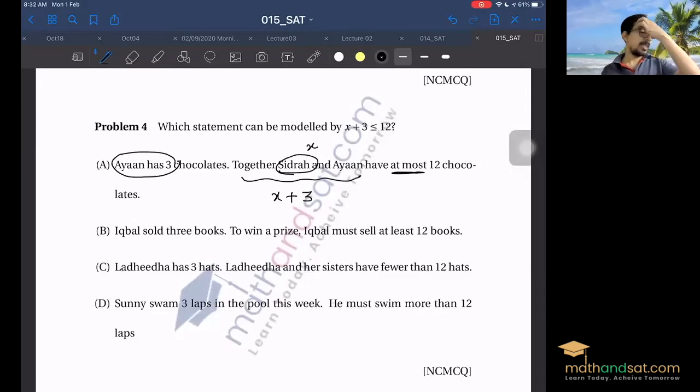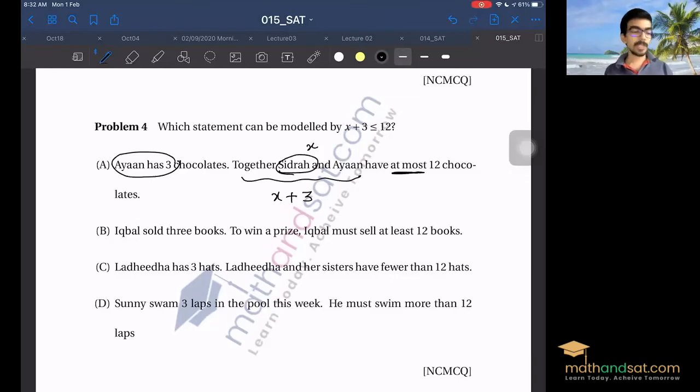Such questions are common in SAT where there will be a real life scenario or maybe a word problem. Instead of a mathematical expression, a question will be given, maybe involving long sentences describing a word problem or a real life situation.